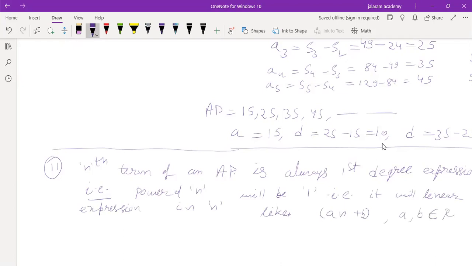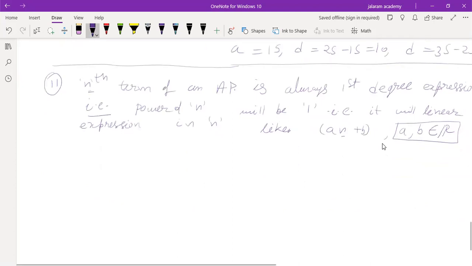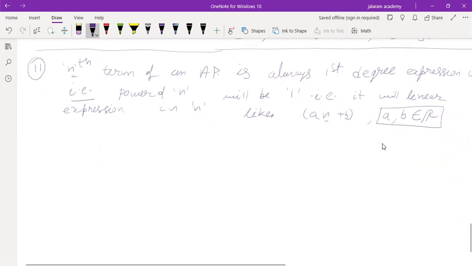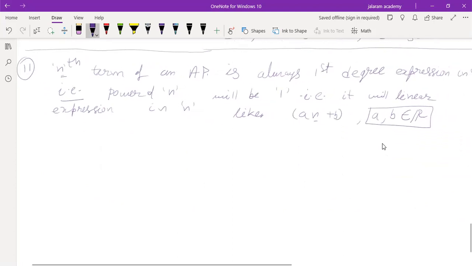A and B both are real numbers, and n is always a natural number. N means the number of terms. It is the order of terms. Nth term is the fifth term, sixth term, seventh term. 5.1th term is not possible. A fractional term cannot be obtained.